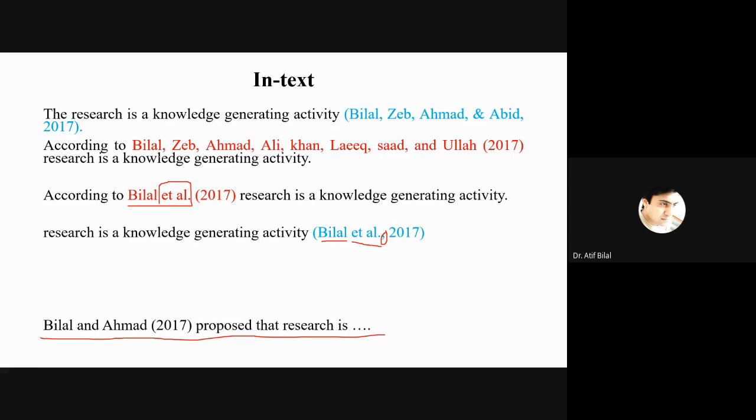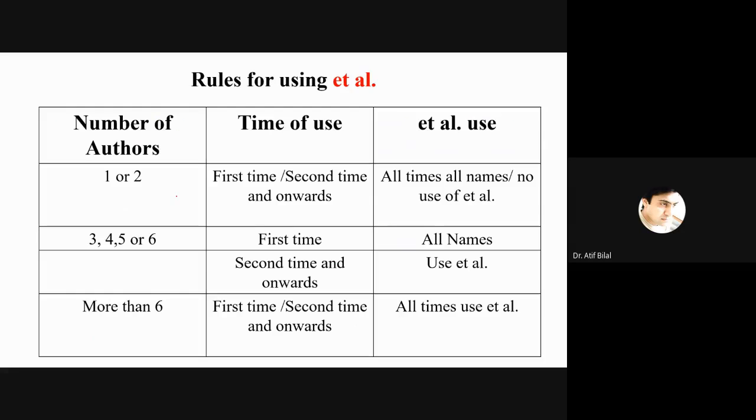Now, we must understand for how many people we can use this et al. method and for how many people we cannot use this et al. method. For that, you need to understand these rules. The first rule is that if there are 1 to 2 authors, if there are 3, 4, 5, or 6 authors, or if there are more than 6 authors.